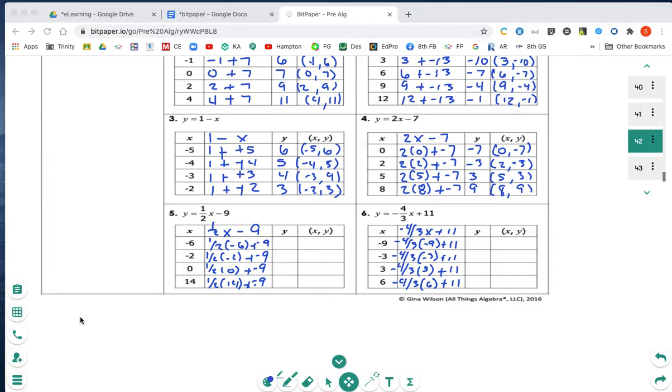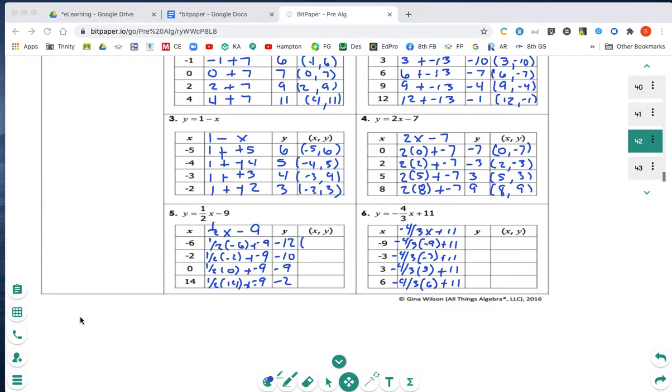So 1/2 times negative 6 is going to give us negative 3, plus negative 9 gives us negative 12. 1/2 times negative 2 is negative 1, plus negative 9 is negative 10. 1/2 times 0 is 0, plus negative 9 is negative 9. 1/2 times 14 is 7, plus negative 9 is negative 2.